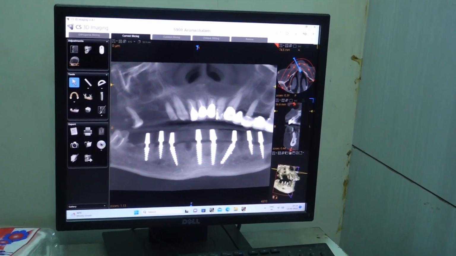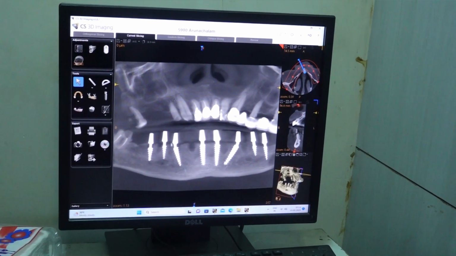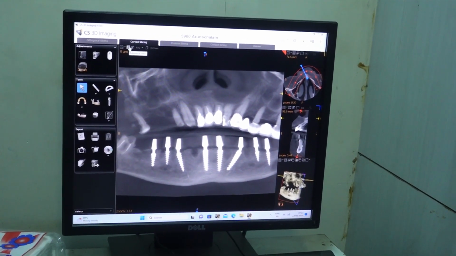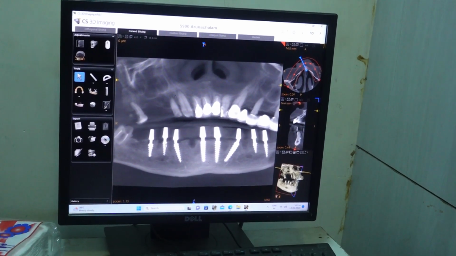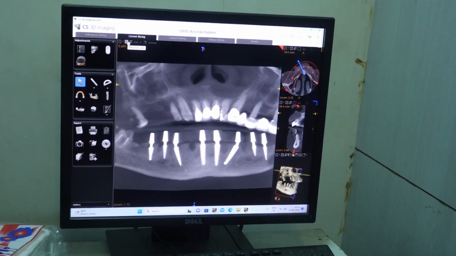So we placed almost 7-8 implants. Usually we place 6 implants, but here we did more because the bone was very porous, especially in the distal mandible. So we placed 2 additional implants. Now we are planning for the upper jaw.